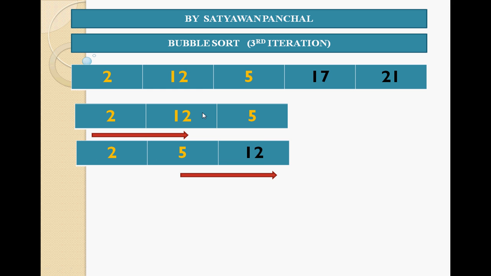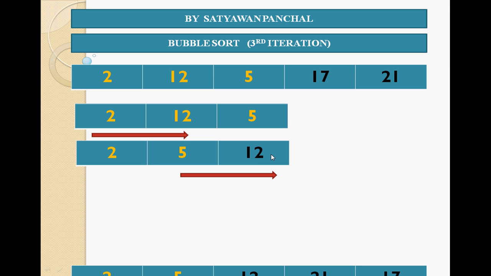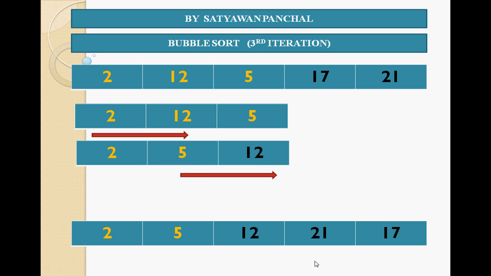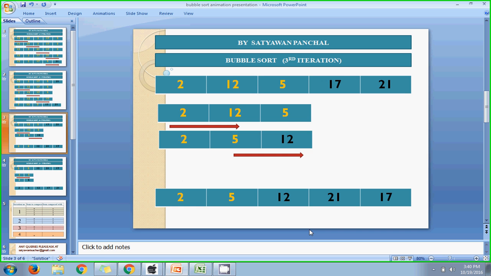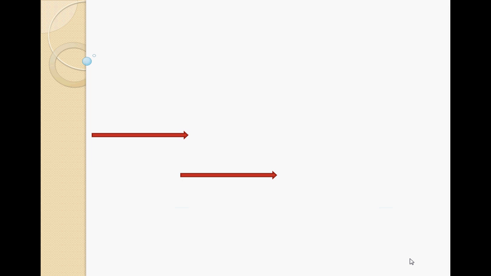Now 12 will be compared with 5 and it is swapped. Okay, 5 is here and 12 is here. Now we can see in the list that 12, 21 and 17 are sorted. I'm sorry, we have to put 17 here. It is by mistake. We can put it here, like 17 is here and 21 is here. Okay, now the list we have got is this way.